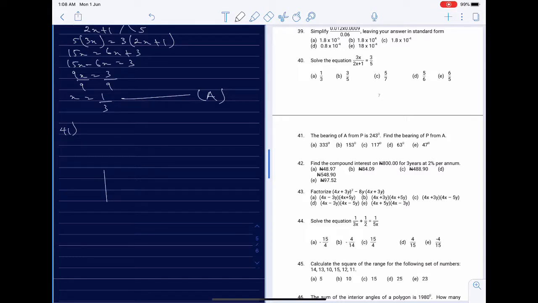If this is P, I think I can make that better.